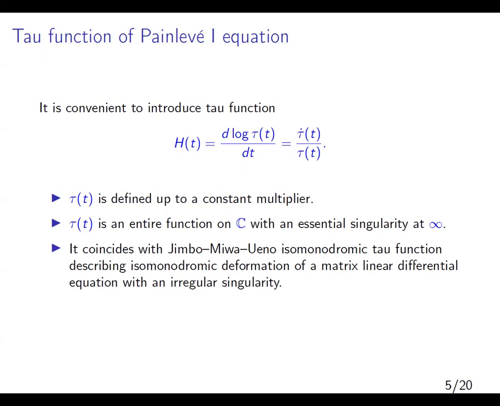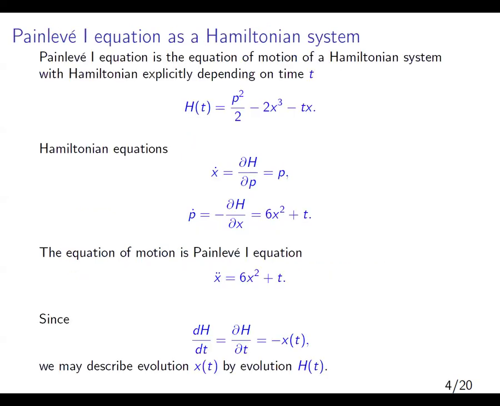Why is the tau function better? Because usually the solution in the Hamiltonian for coordinates has poles in time, but we consider time as a complex variable, in fact. So we consider analytical properties of the solutions in all the complex plane. It's the standard way to consider analytical properties of a differential equation.